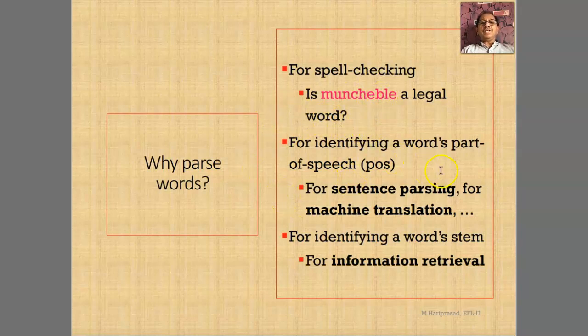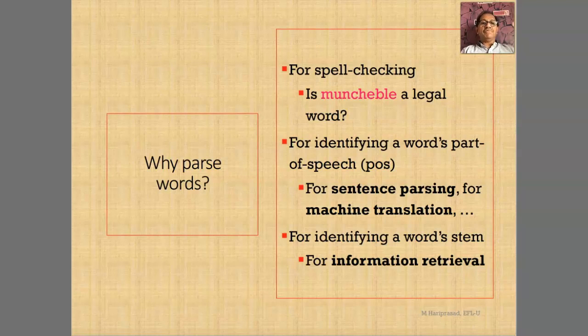Similarly, we need to parse words to identify parts of speech. Parts of speech tagging is a very important component of machine translation, where each word in a sentence or each word in a text has to be identified and a part of speech is assigned to it. A morphological parser will help us in identifying parts of speech.